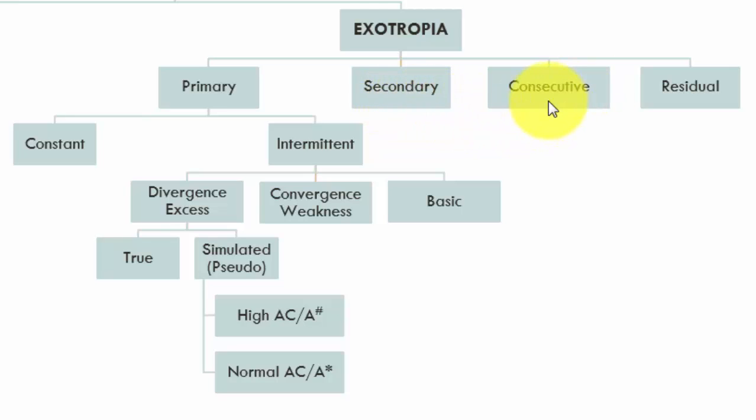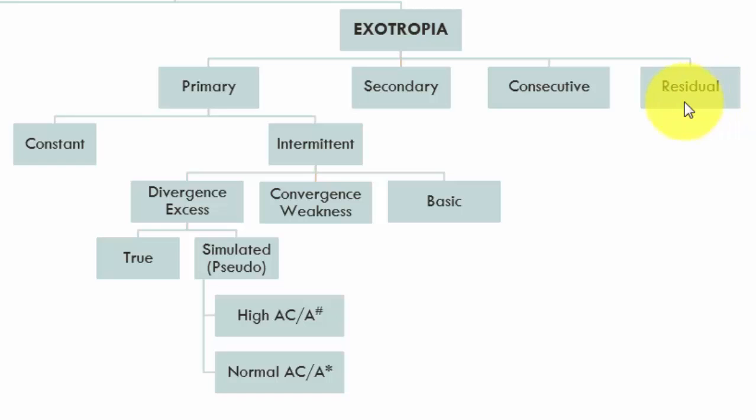A consecutive exotropia is one that occurs post-operatively. And the word consecutive means that the deviation used to be an eso, and now there is an exo, so there was an overcorrection. So when you hear a diagnosis of consecutive exotropia, it means that there was an overcorrection of an eso deviation through surgical intervention.